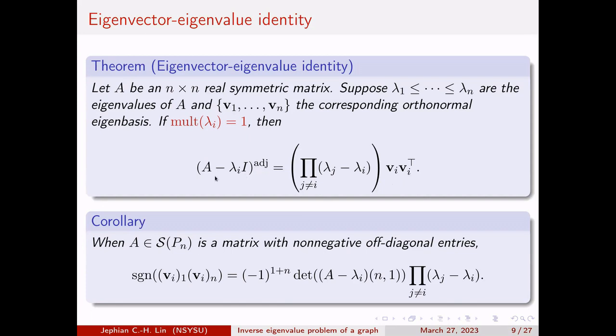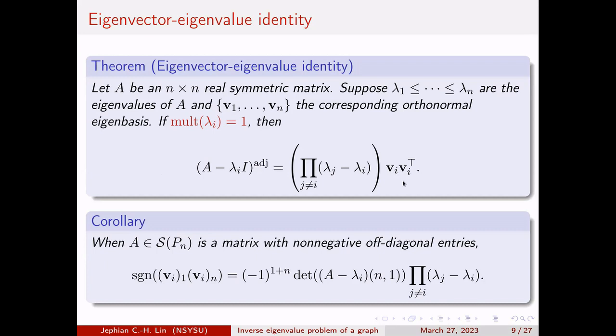For example, the adjugate multiplied by the matrix itself is equal to the determinant times the identity. And now the determinant is equal to 0. So this adjugate multiplied by the matrix must be 0. So it's reasonable that this adjugate's column space is spanned by the kernel and its row space is also spanned by the kernel.